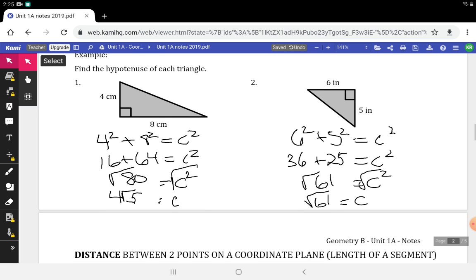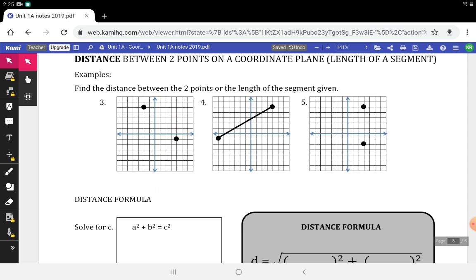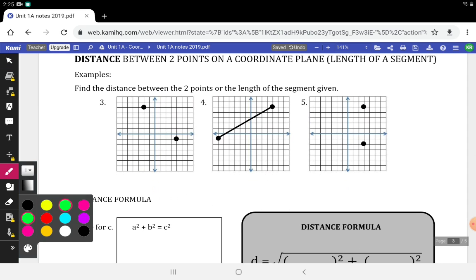We can move this application of the Pythagorean theorem to find the distance between 2 points by literally counting sides again. So in this example, one side would be 1, 2, 3, 4, 5, 6. And then if we go over, it's 1, 2, 3, 4, 5, 6.